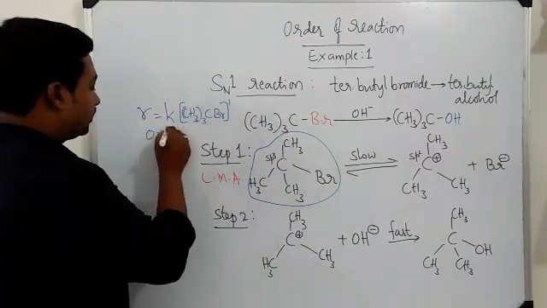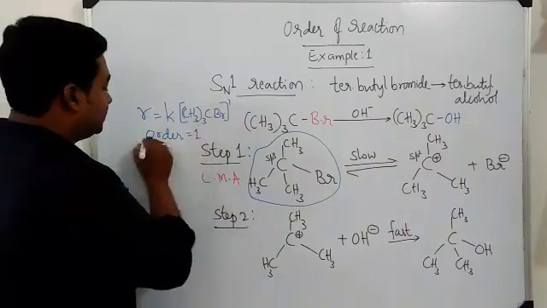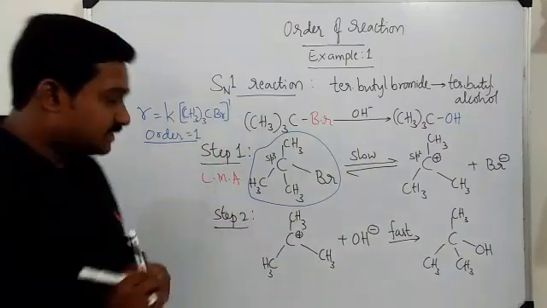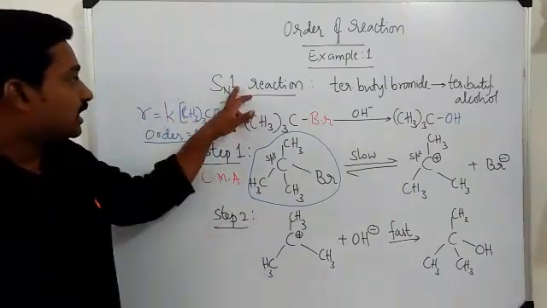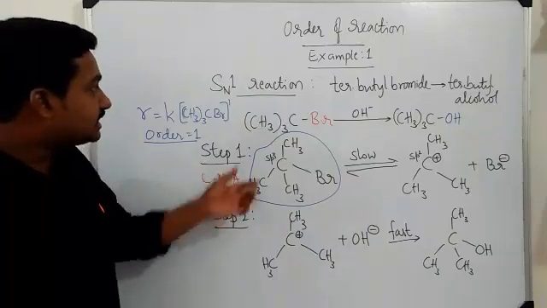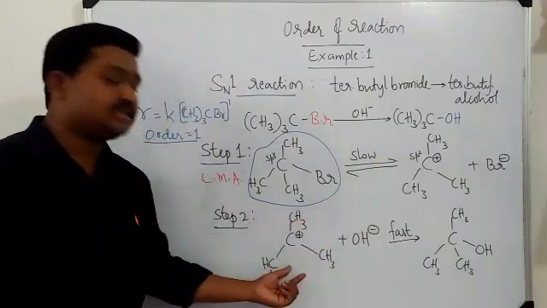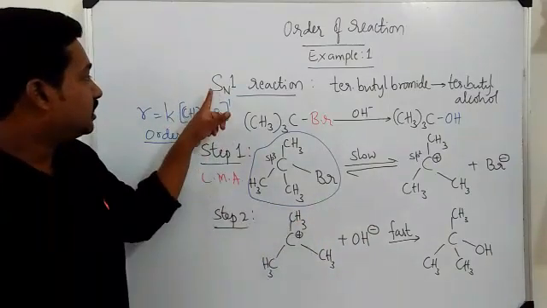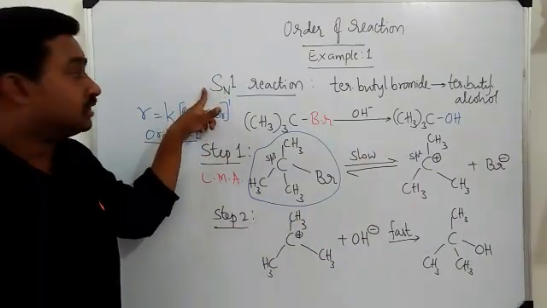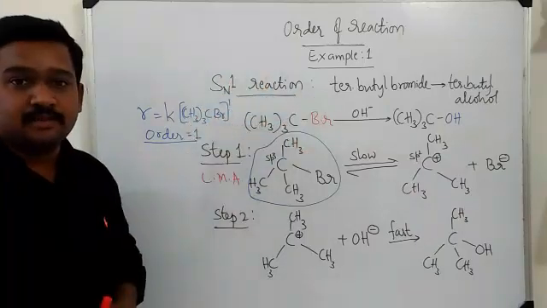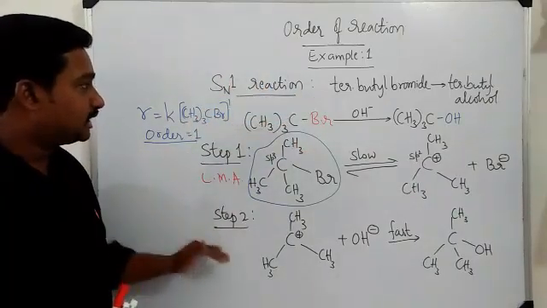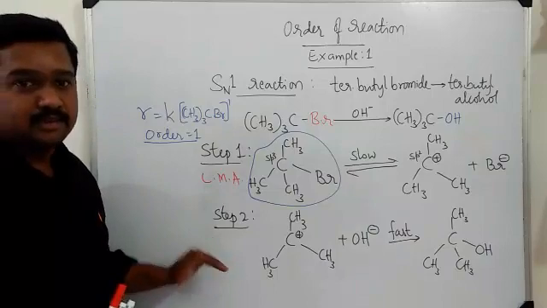So the order of this reaction is 1. Therefore, this reaction is called first order reaction. And since there is a nucleophile leaving the molecule and a new nucleophile is replacing it, we call it as nucleophilic substitution first order reaction. So this is one example to understand order of a reaction.